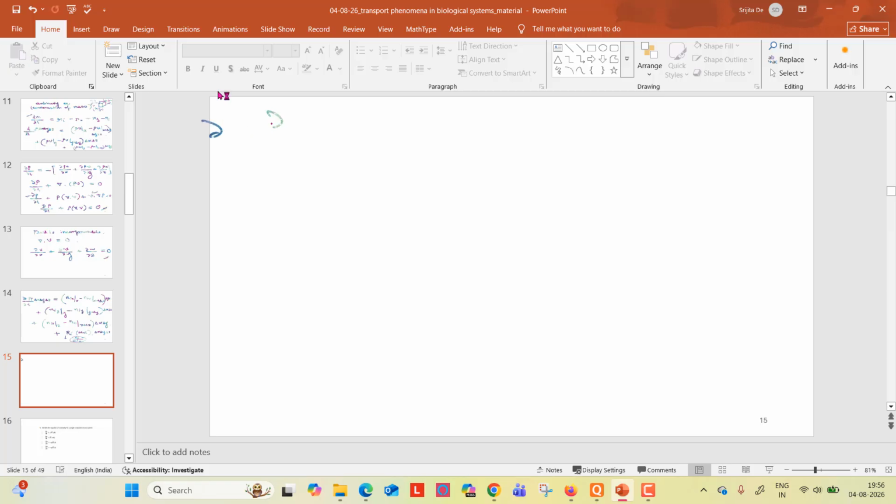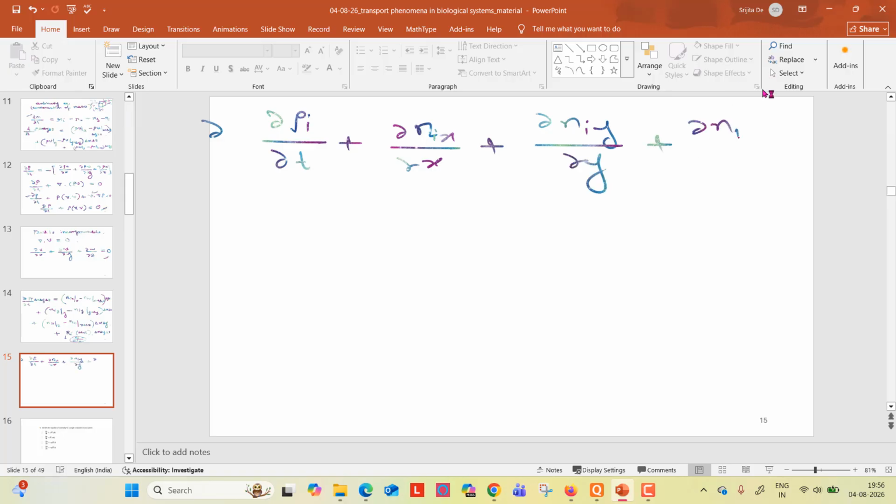Del rho I del t, and we bring all these things to the left hand side, so it will be plus del Nix del x plus del Niy del y plus del Niz del z equals Ri into Mwi, right?